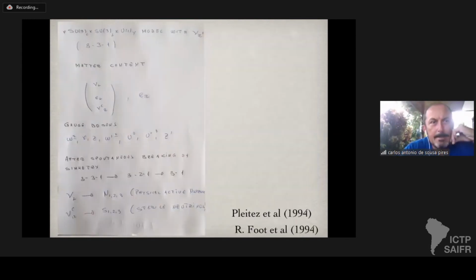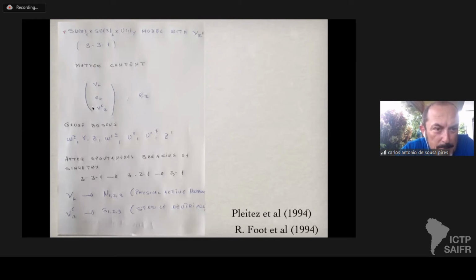And I'm going to show now our main result, that is, warm dark matter inside this model here. We call it the 3-3-1 model with right-hand neutrinos. In this model, in the matter content, the right-hand neutrino composes a triplet of fermions.